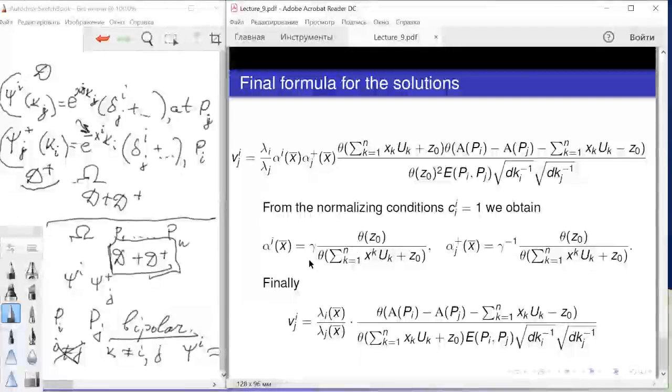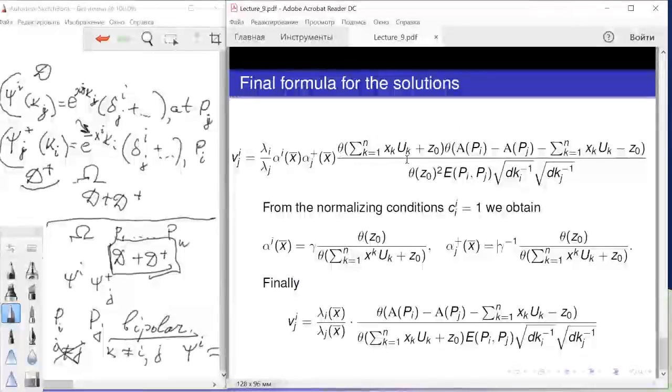They are defined up to two inverse factors, gamma and gamma to the minus 1. But what we are interested in is only a product of these two normalizing factors. So we have just theta of z0 squared divided by this more complicated theta factor, also squared. We plug it instead of the product of alphas in this formula.